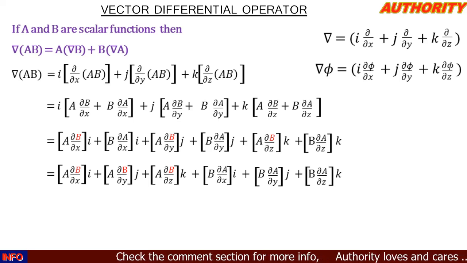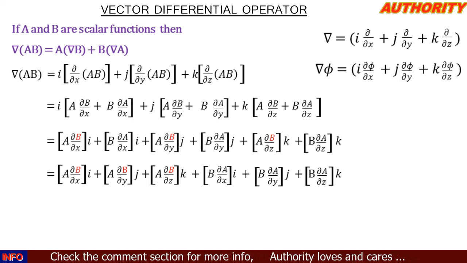These are the partial derivative of B and they are all multiplying A. Now, going to the next one, we bring together all the partial derivative of A that are multiplying B. We have B multiplied by the partial derivative of A with respect to x on i component, plus B multiplied by the partial derivative of A with respect to y, j, plus B multiplied by the partial derivative of A with respect to z on k component.